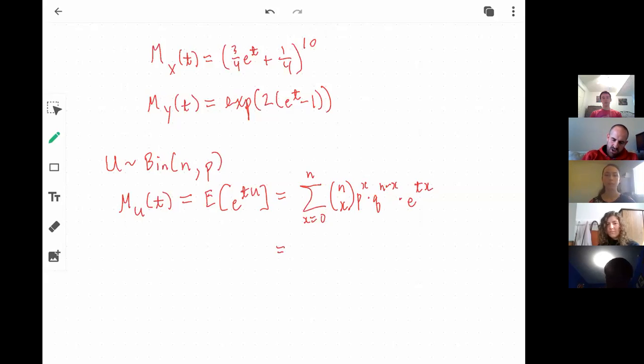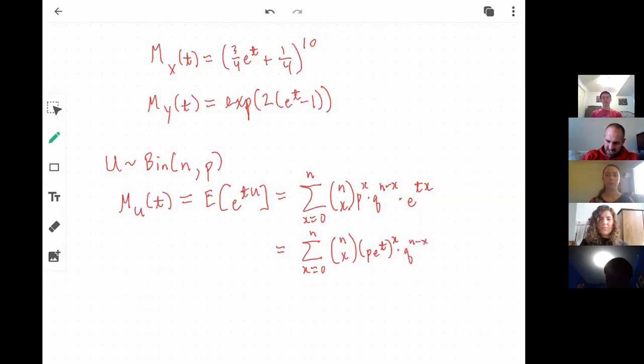And if Paul were here, he would immediately say to do what with the p to the x and the e to the tx? What would he do with those? Well, I think that Paul would say to go like this. Put it all under one power of x.